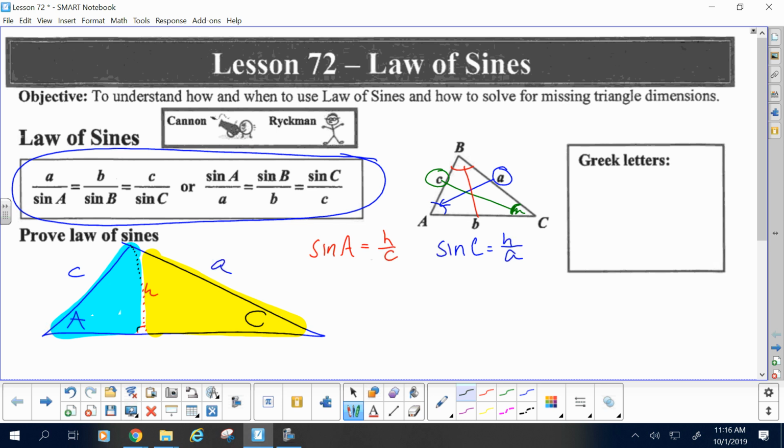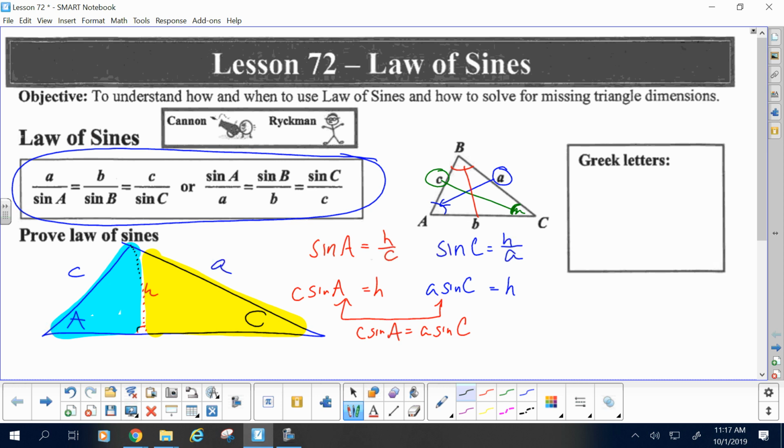H. They both have H in common. H is equal to a sine C, that's big C. And H is equal to c sine A. Well, if they both equal H, then they must equal each other. So it must be the case that c sine A equals a sine big C.